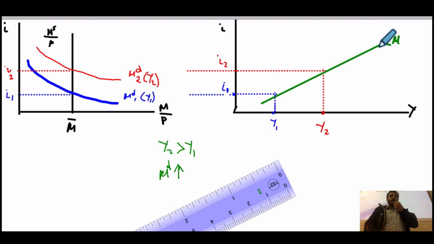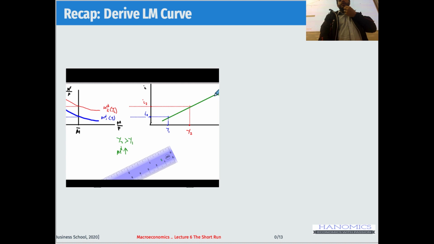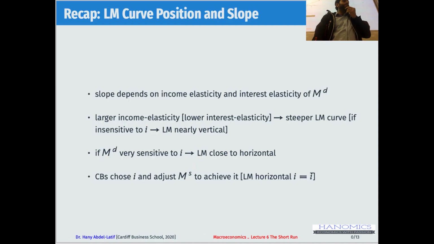But again, the reason last time we plotted that as a horizontal line is because we know that modern central banks choose the interest rate and then adjust the money supply accordingly to achieve that interest rate level.